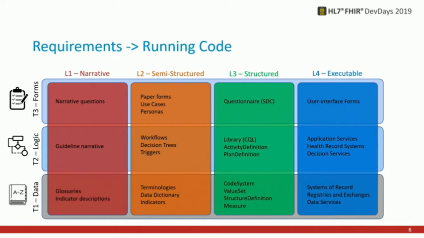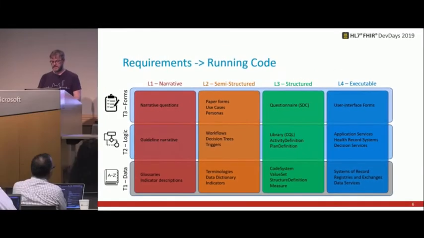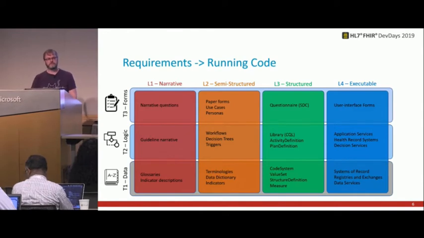We're focusing on the logic tier and making sure that we have the data that we need. If you look at the implementation guide, it has a set of profiles that define the data elements that we're looking for, and then a set of libraries, plan definitions and activity definitions.